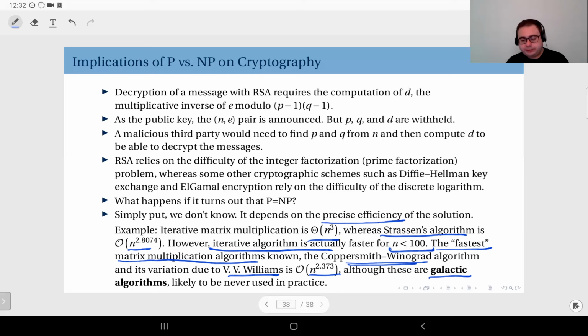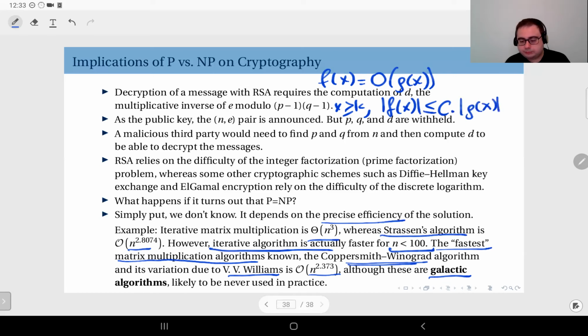It could be the case that, well, you know the definition of big O or big theta, for instance, when we say f of x is big O g of x, what we are essentially saying is there are numbers, let's say k and c, so that when x is greater than or equal to k, you have f of x less than or equal to c times g of x.